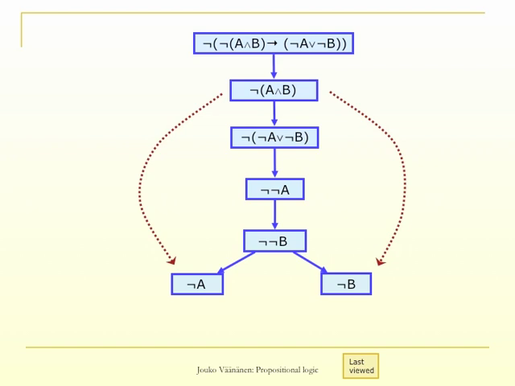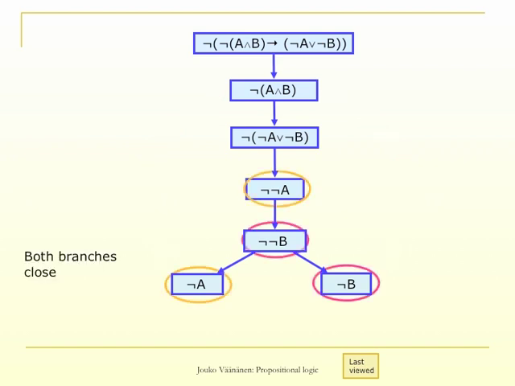Now we have reached a tree in which both branches close. On the left we have negation A and negation A, and on the right we have negation B and negation B. So this tree is a closed tree. And this is the semantic proof that we were looking for.